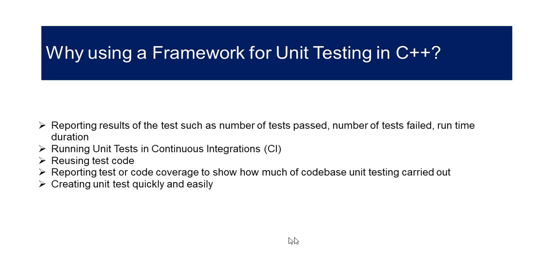We have seen now that for us to write our unit test, we have to write it one after the other, comment the first one out, and run the next one. But if you are using a framework, you can report results, you can run multiple unit test cases, you can reuse your code, and you can report code coverage. Unit testing is also quickly and easily done with a framework.